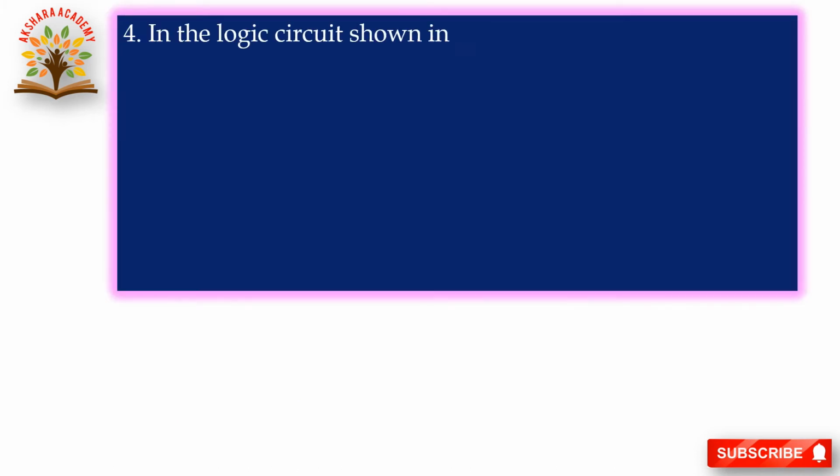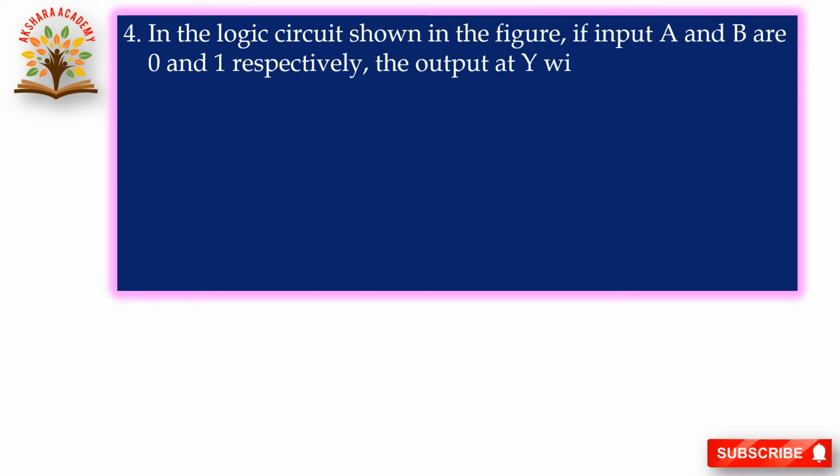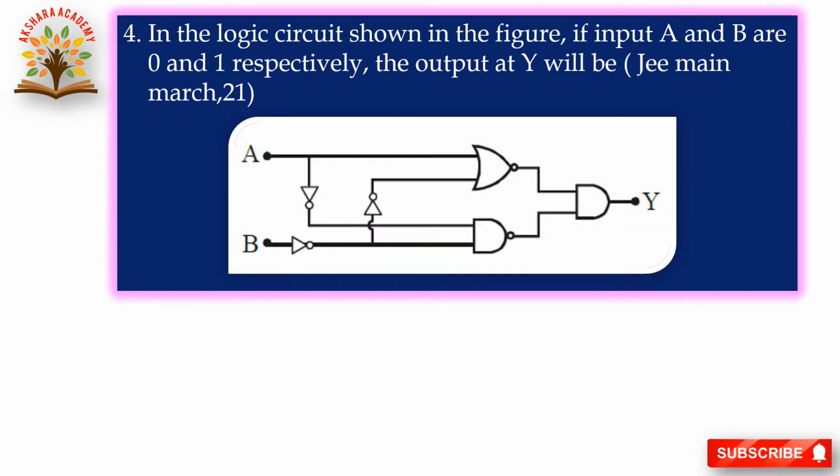Okay, next we will go to the next question. In the logic circuit shown in the figure, if inputs A and B are 0 and 1 respectively, the output Y will be, see this logic circuit. Here this is A and this is B, NOR gate. Now its output is A plus B bar, and here this is A bar and this is B bar, and here B. This is NAND gate.